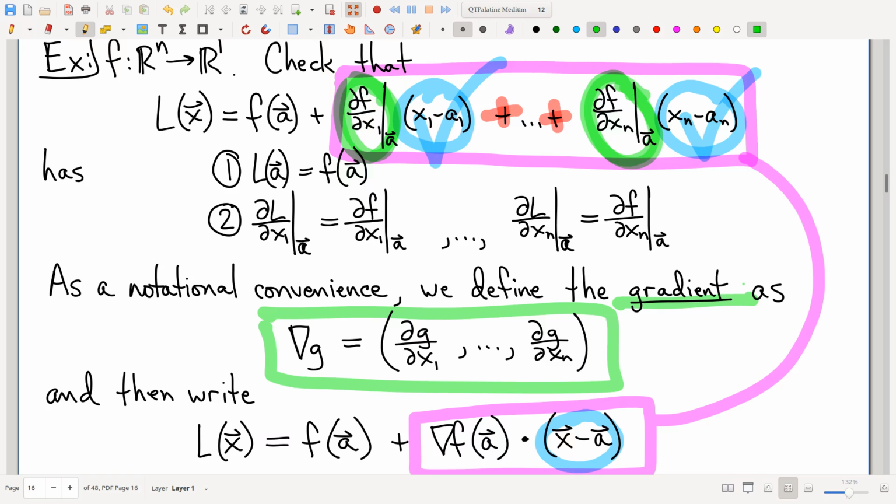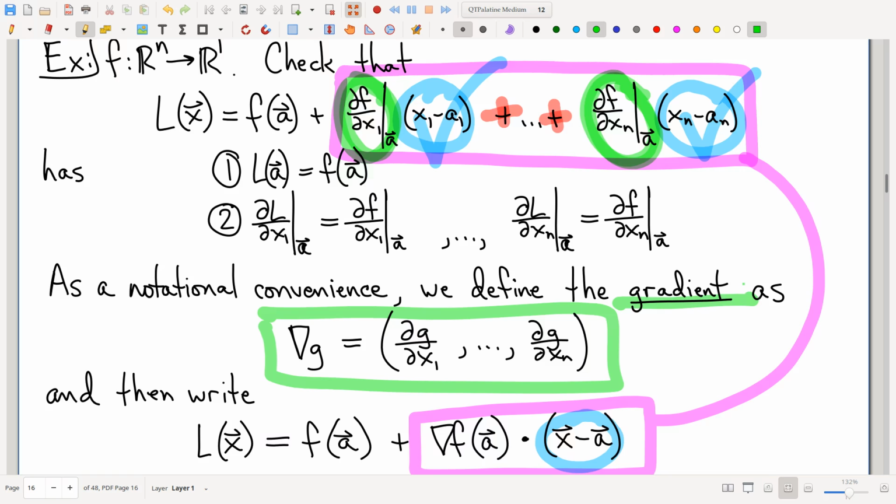That's my only motivation here. By the way, if you have previously seen the gradient vector and you know some other things about it, try to forget that for the moment. We're going to develop those ideas. I'm not making an argument about the gradient here based on other features of the gradient. I'm just wanting to rewrite this expression, so I define this to be the thing that allows me to rewrite this expression.